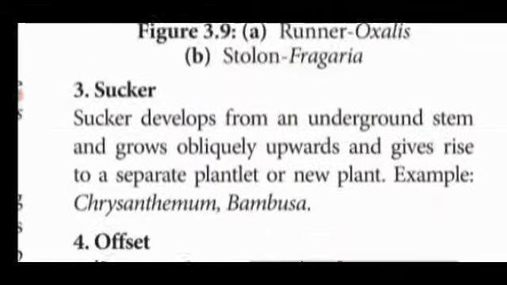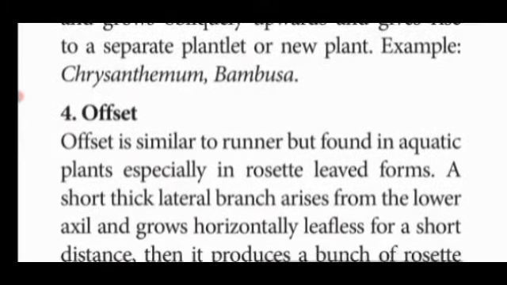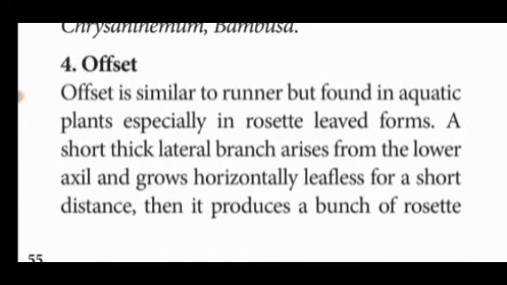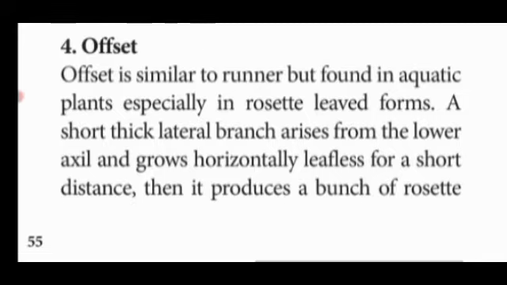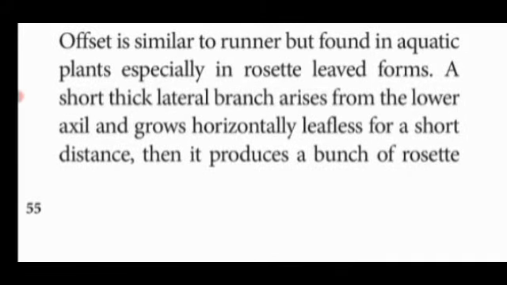And the next is the offset. The offset is similar to the runner but is found in aquatic plants. They are seen in water plants, especially in rosette-leaved forms. A thick lateral branch arises from the lower axil and grows horizontally, leafless, for a short distance.